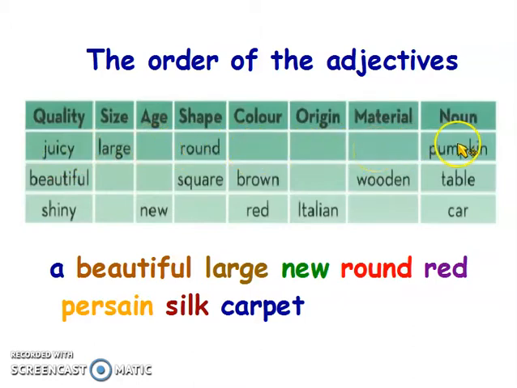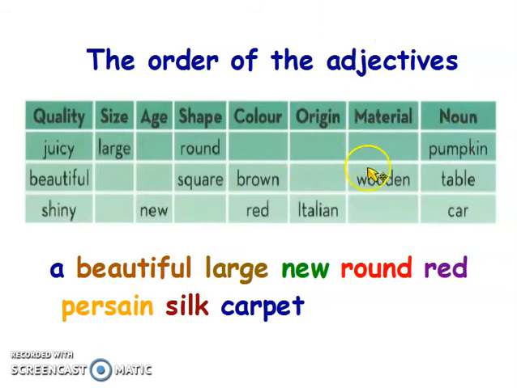And the last thing we have the noun. So the adjectives come before the noun. Okay, and this is the correct order of the different types of adjectives.